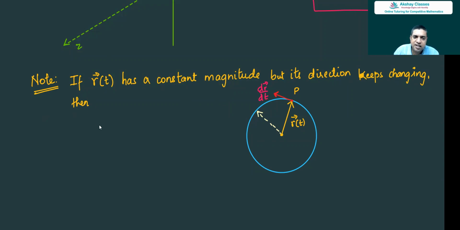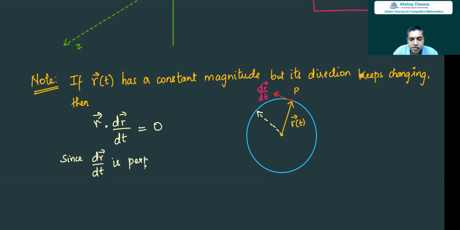In this case, r dot dr by dt will be equal to 0, since dr by dt is perpendicular to r.